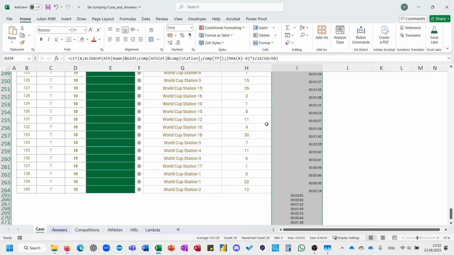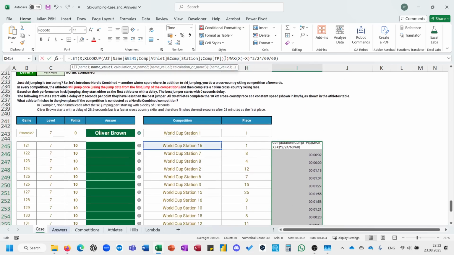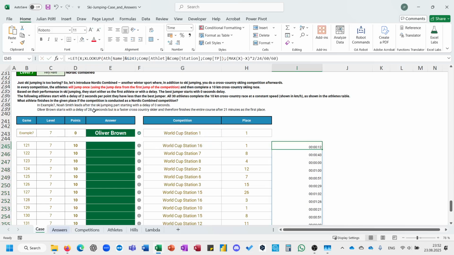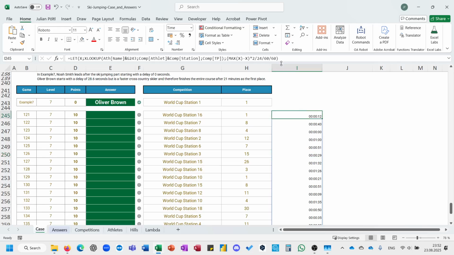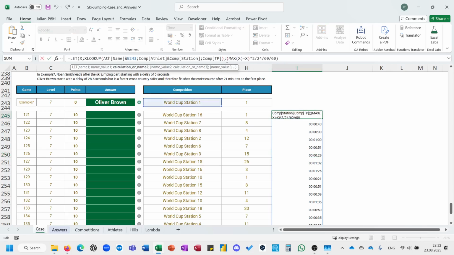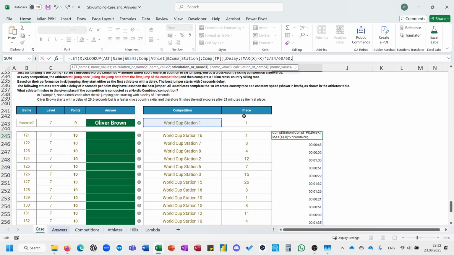Here you see, for example, we're searching for the example of someone starting 29 seconds later, which is here, this person. So this is the delay. And then we want to have also the delay plus 10 divided by the speed of those persons.